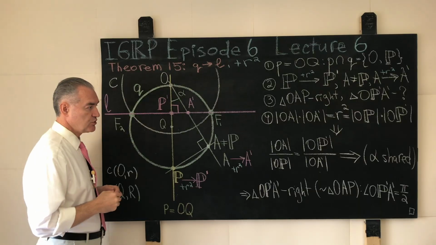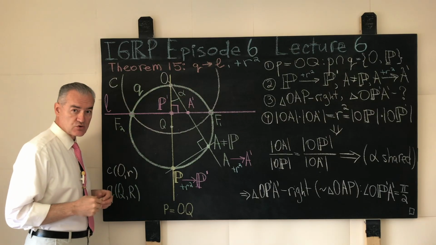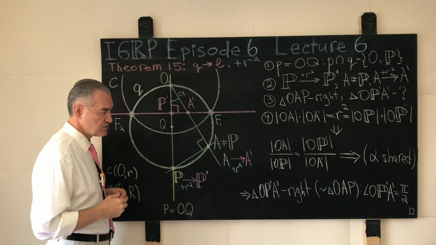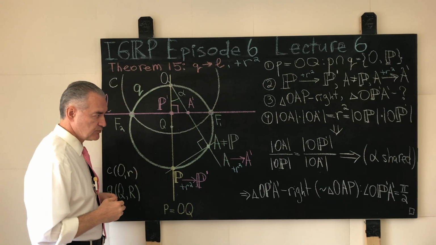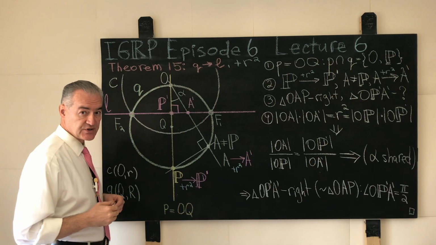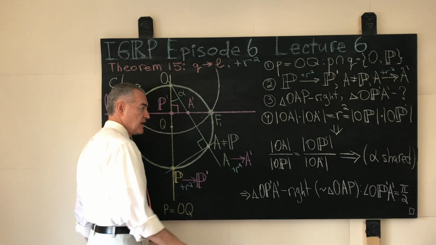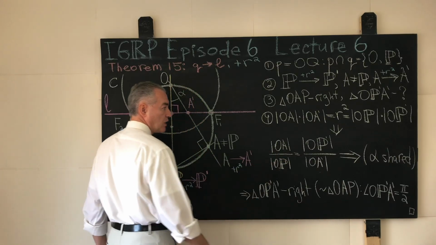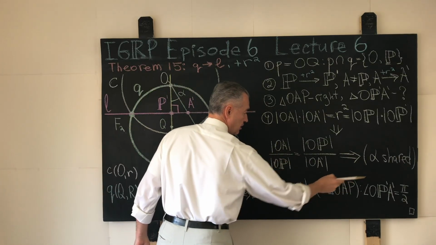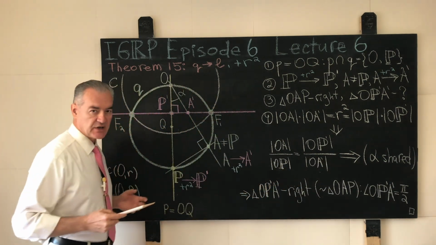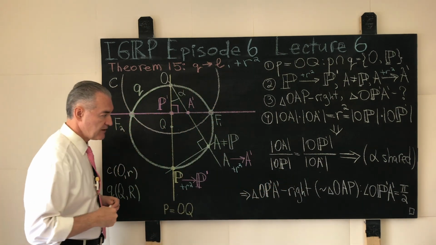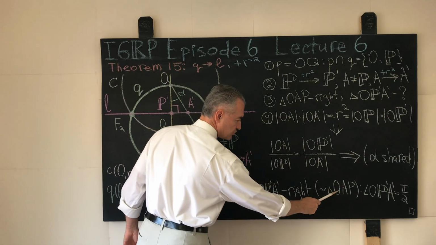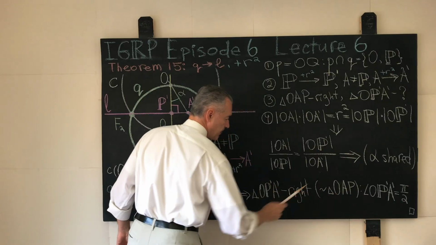Well, we'll have no choice but to draw only one conclusion: based on side-angle-side, in modern terminology, in Euclid's Elements in book 6, I think it is proposition 6, it states that when the lengths of the sides in two triangles about one and the same angle are in the same proportion, then these triangles are similar. That means that the triangle OP prime A prime is similar to triangle OAP.